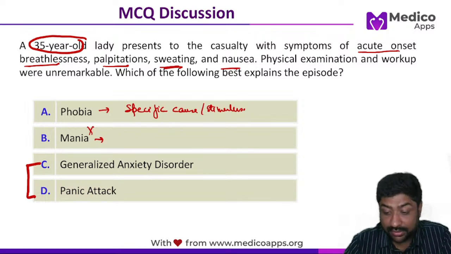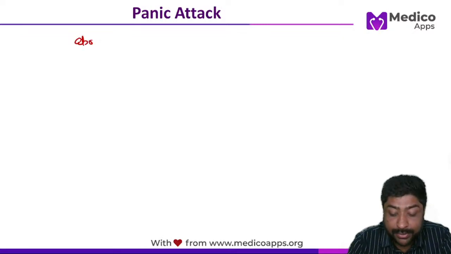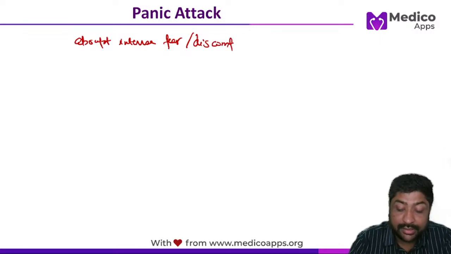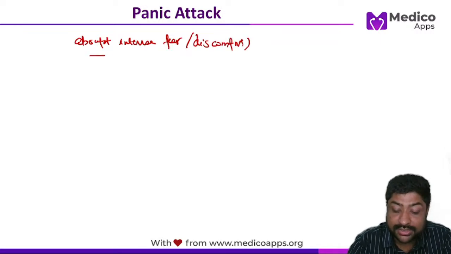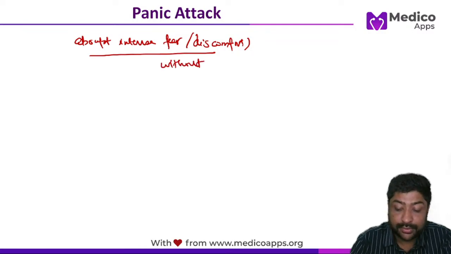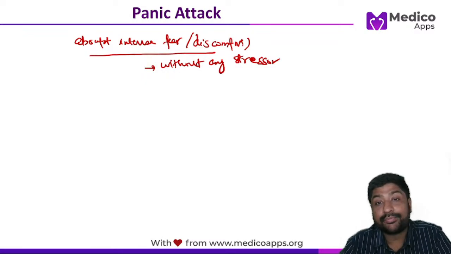Now, what is panic attack? Let's write it. So, it's basically an abrupt, intense fear or discomfort. The critical part is it does not start without any stressor. So there is no specific stressing element which will cause this panic attack.